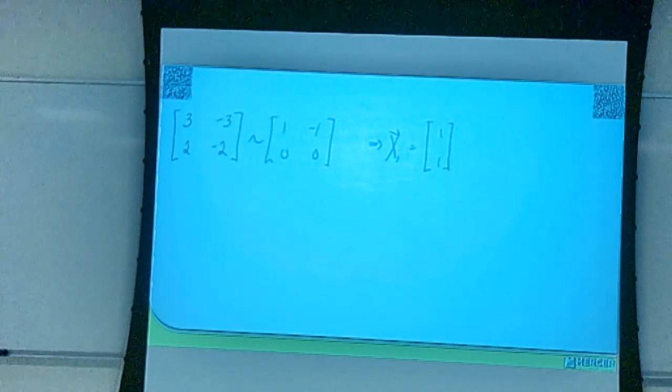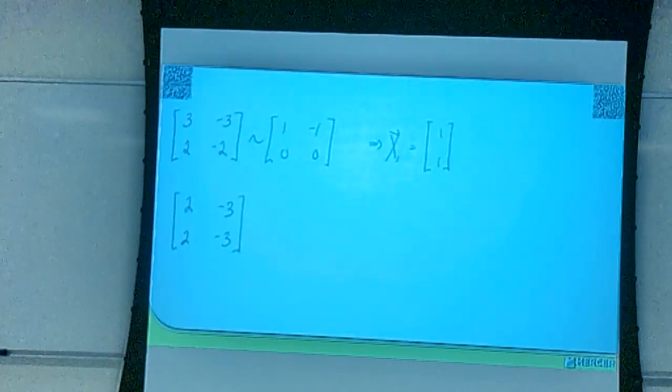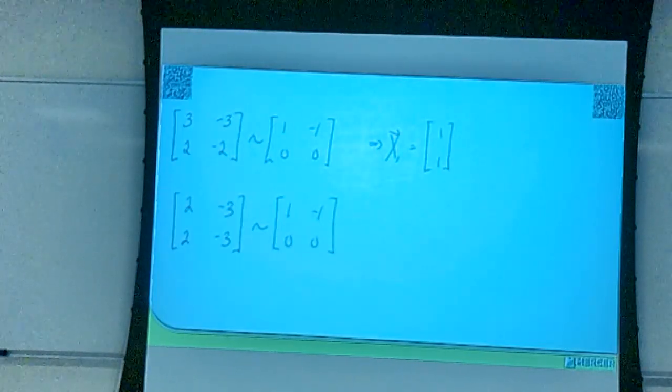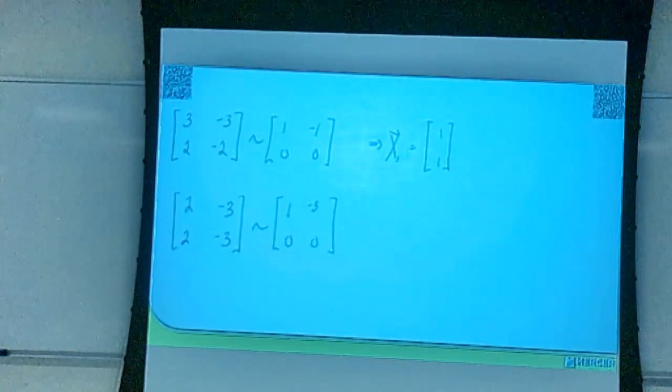Second solution, plug lambda equals 1 back in. Going to give us what? 2, -3, 2, -3. Again, that shouldn't be difficult to see. It reduces to 1, -3/2, 0, 0.